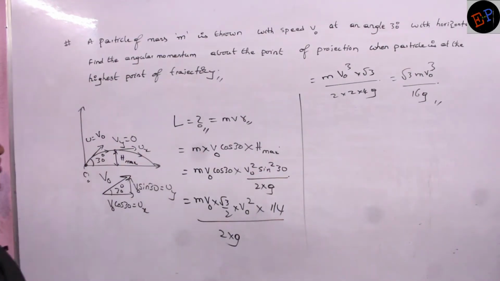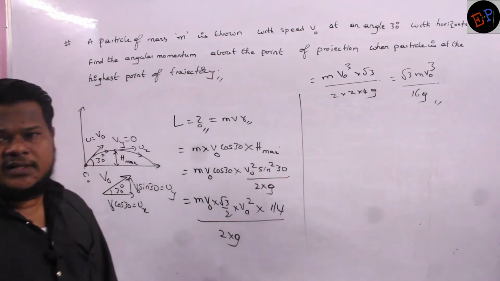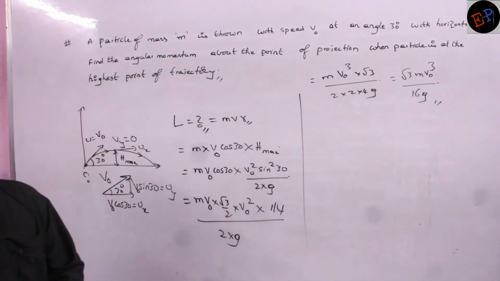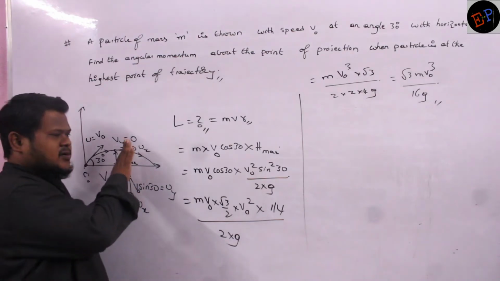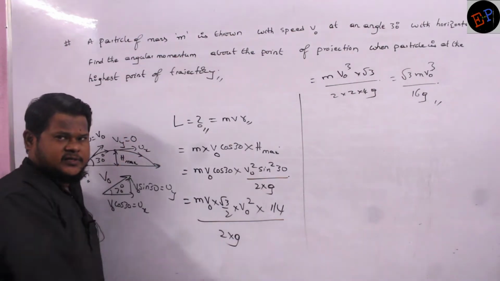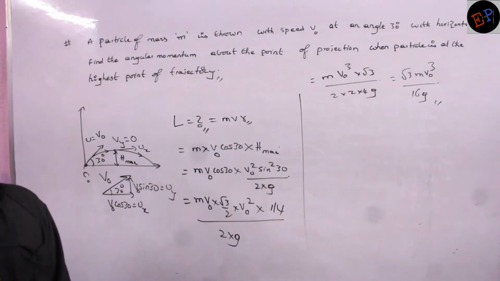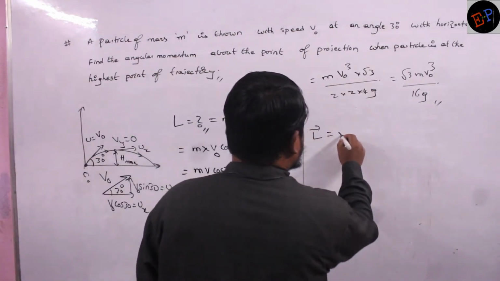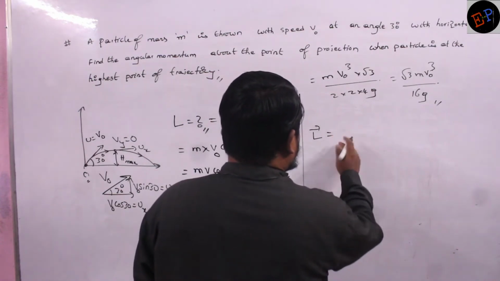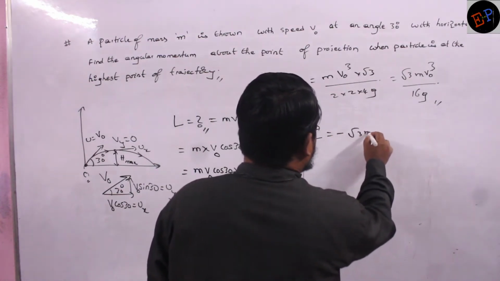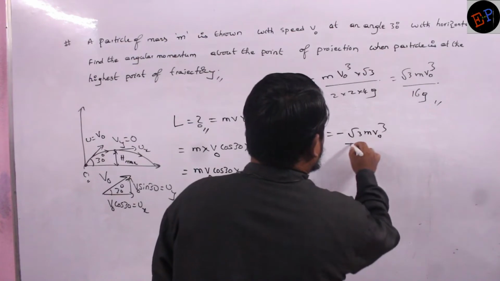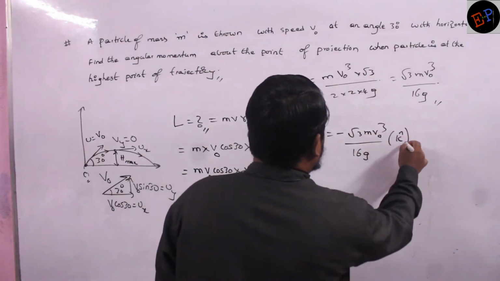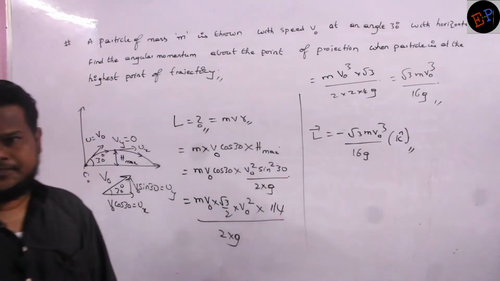Again, if he asks you the direction, what will be the direction? Direction of angular momentum. Again same, r cross p. It is present towards negative z axis. Clear now? So therefore in vector form how can I write? L is equal to, I can directly write minus root 3 m v naught cube divided by 16g multiplied by k cap. That is my answer.